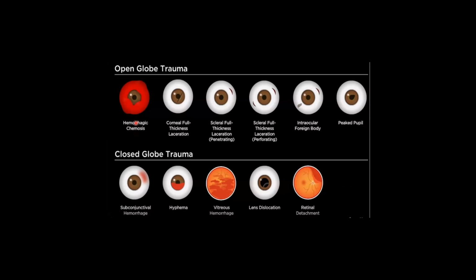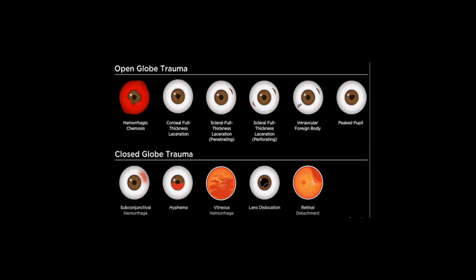Can someone describe this particular picture to us? So it is a hemorrhagic chemosis, which is 360 degrees. What is the significance of having a 360-degree hemorrhagic chemosis in somebody with trauma?